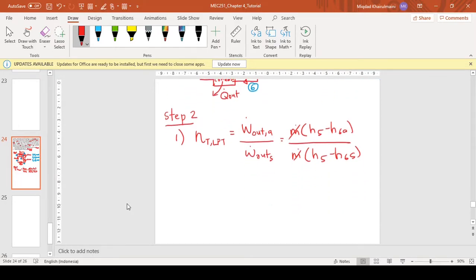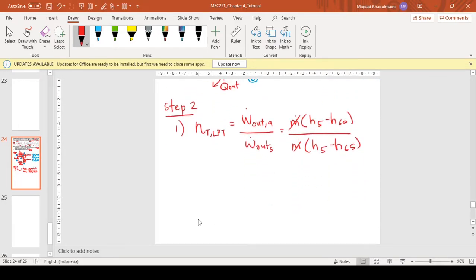Number 2 is to find the work net. Okay. So work net here is equal to the total work output, since there are 2 turbines, minus the work input at the pump. So we can write individually the equations.